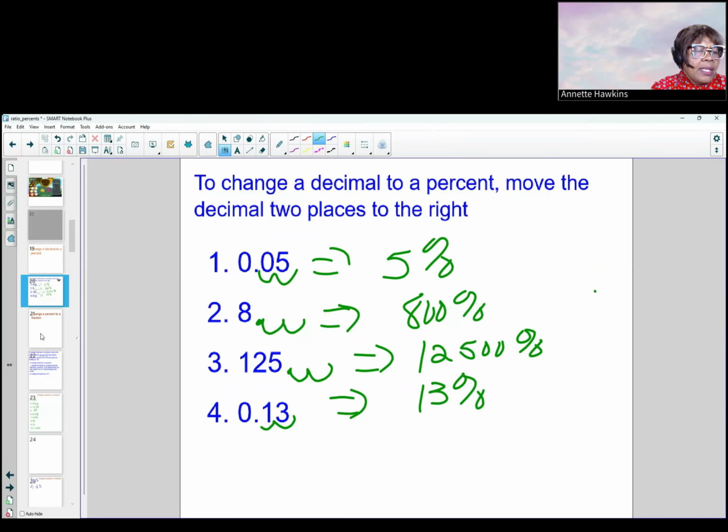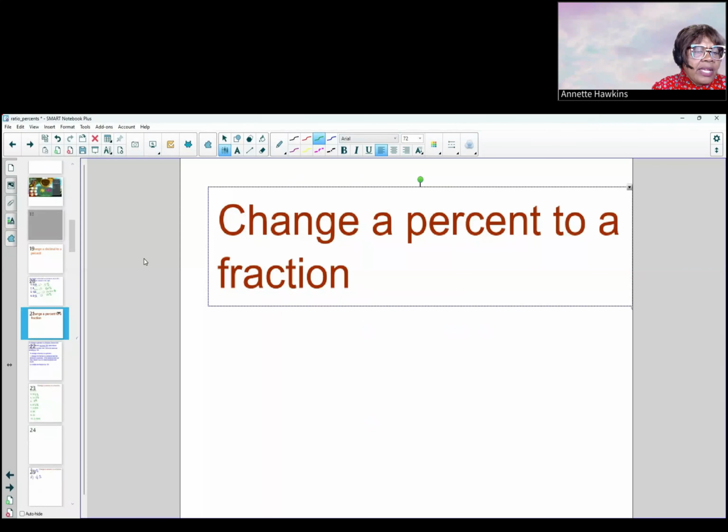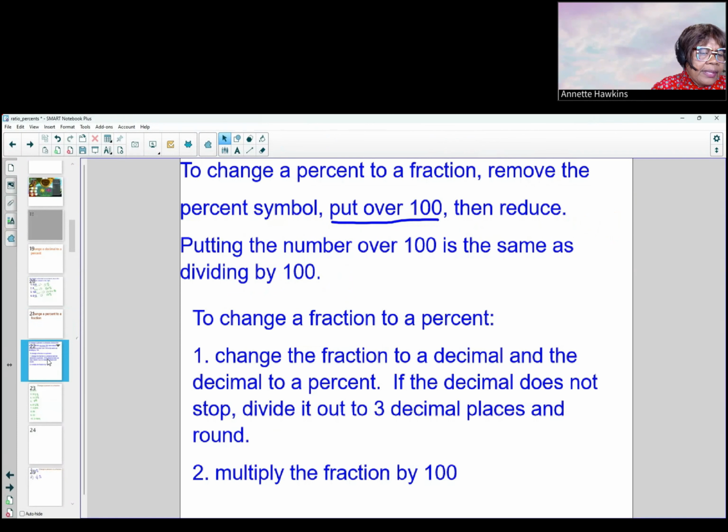Okay, let's look at changing a percent to a fraction. To change a percent to a fraction, remove the percent symbol. Notice we always have to remove the percent symbol.